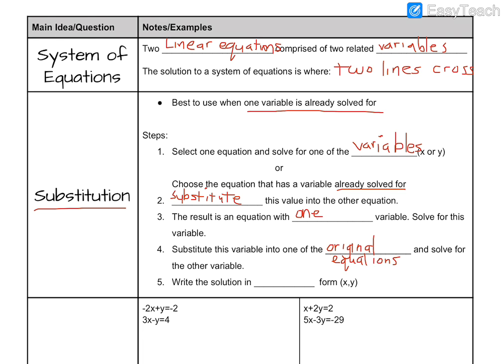So we want to go back to one of those original equations just in case we messed up somewhere. Alright, and then our very last step, once we figure out what our x and our y is going to be, we're going to write the solution in point form. So just as our xy coordinate.